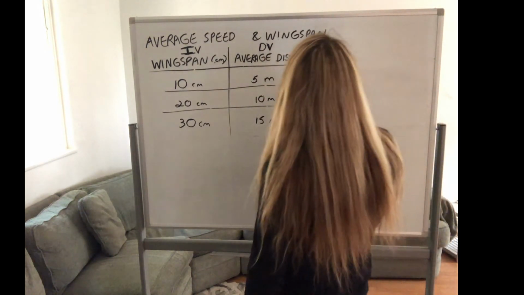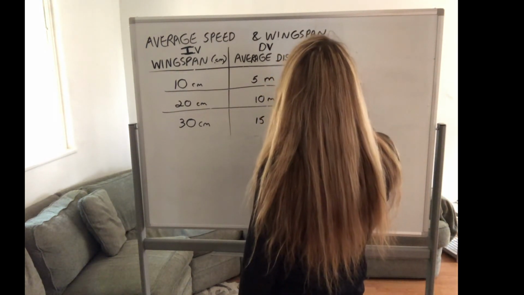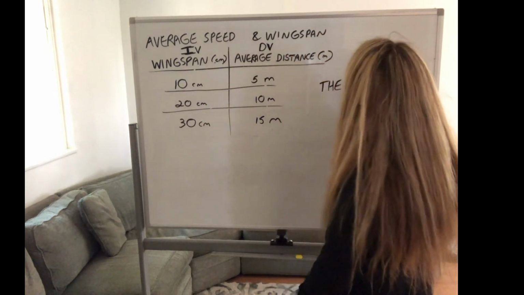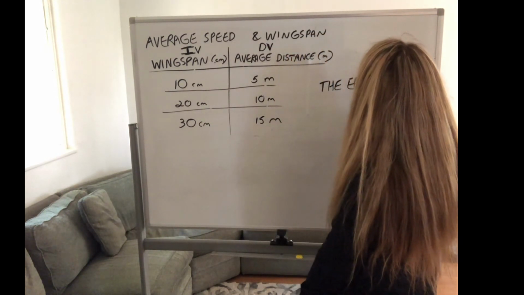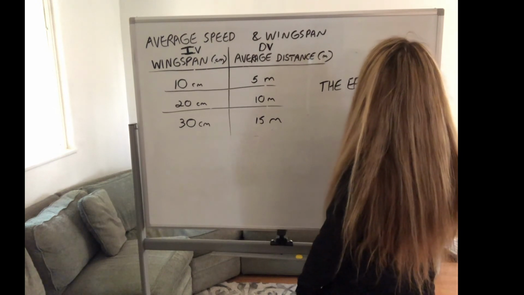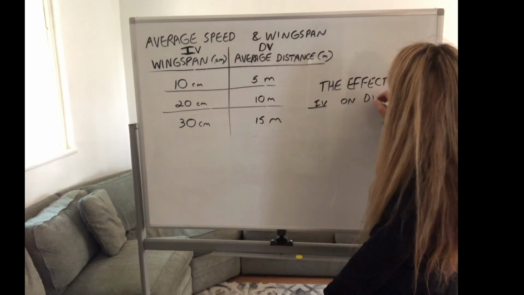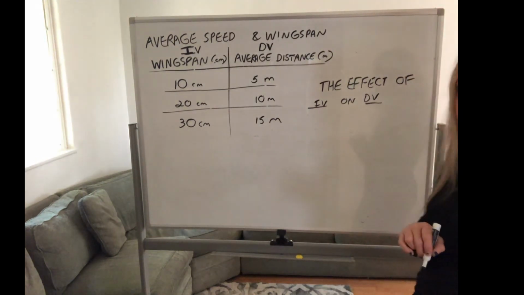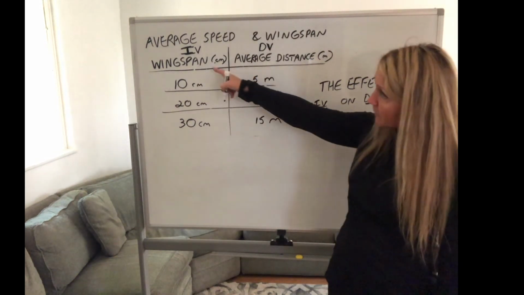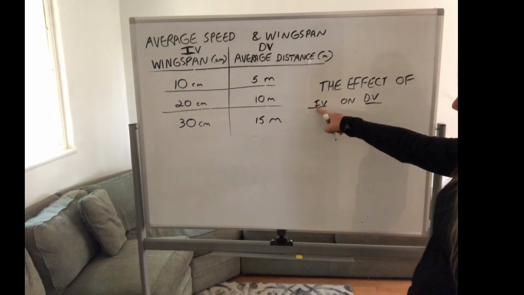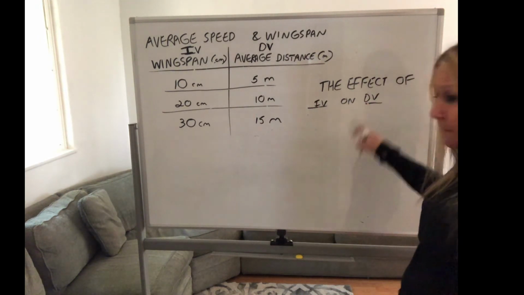Okay, so I'm just going to say the effect, noun, of the independent variable on the dependent variable. It's gonna be the title of my graph. All right. I'm gonna fill in wingspan, distance traveled.